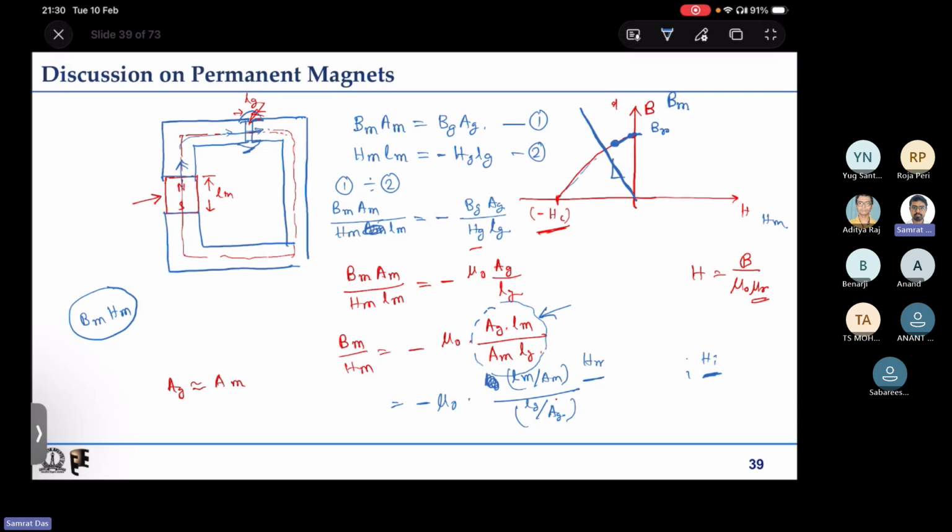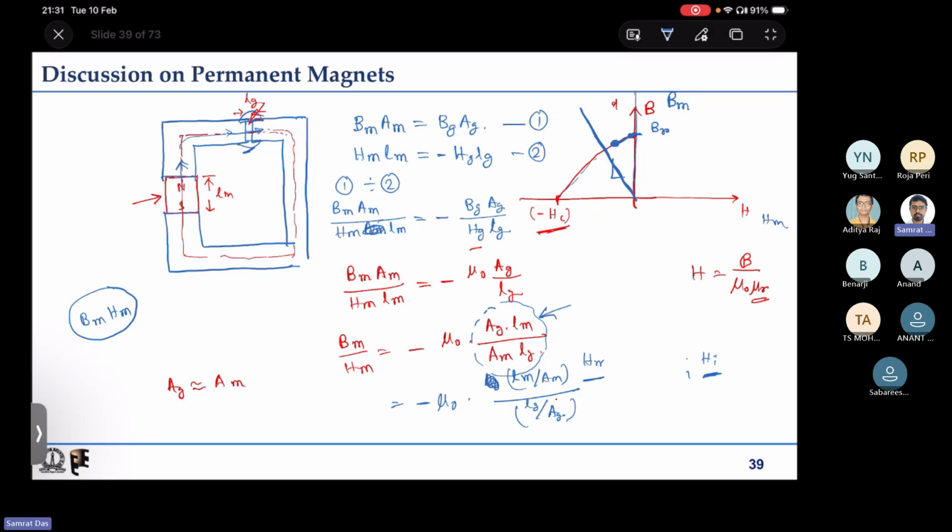If there is no air gap, this ratio goes to negative infinity, so the line is along the y axis.